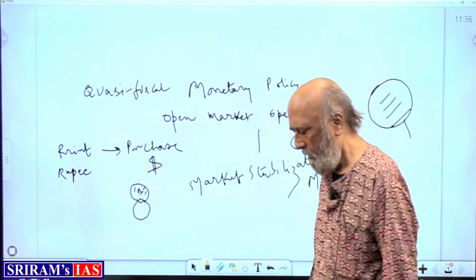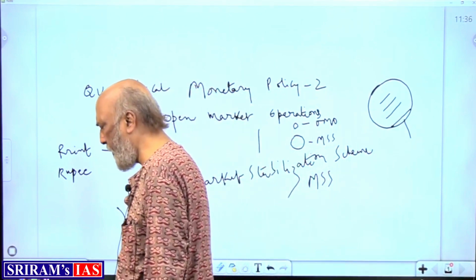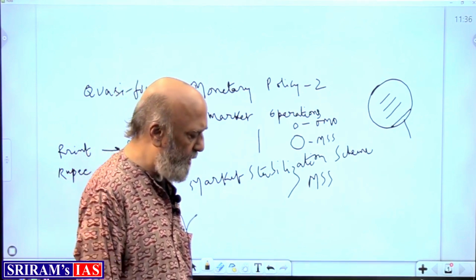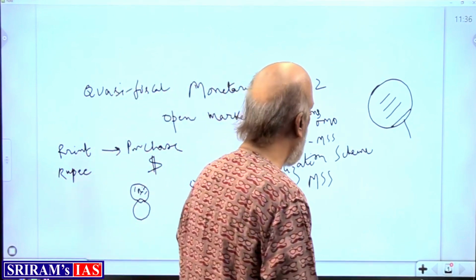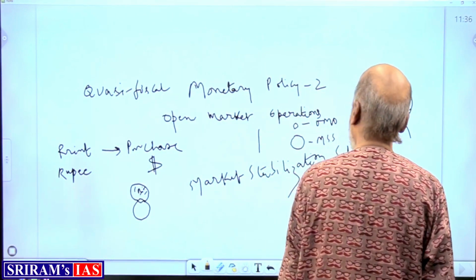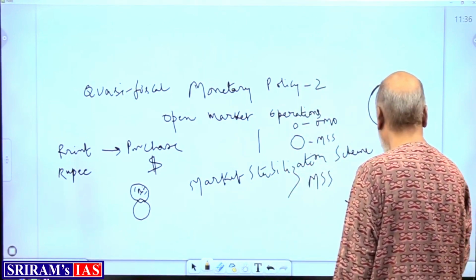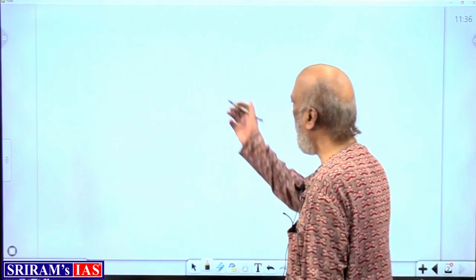So, open market operations we have done. The quantitative elements of the monetary policy have been rounded up. Quantitative. Now let us move to qualitative.